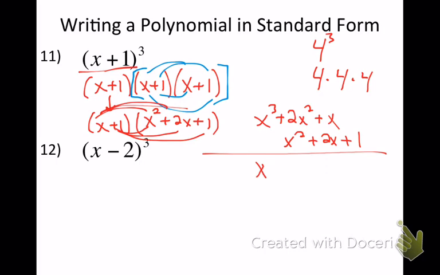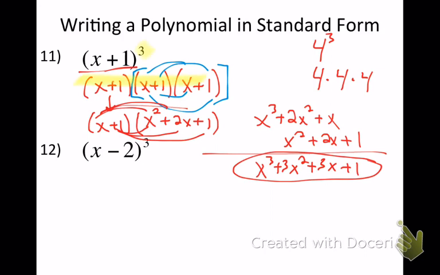X cubed plus 3x squared plus 3x plus 1. Okay, so again, the key here is understanding what the exponent means. It means you take that number times itself 3 times. All right? Try number 12 on your own now.